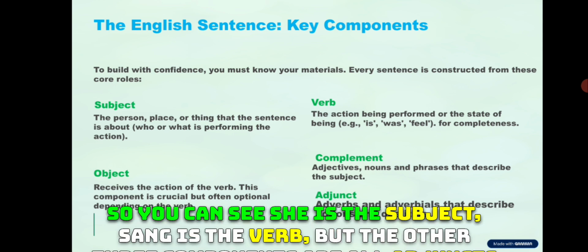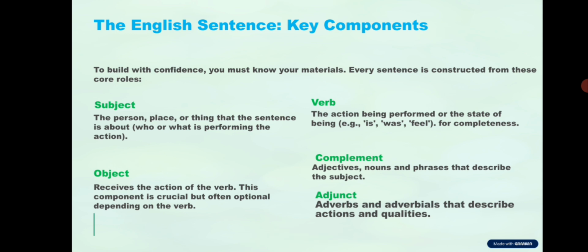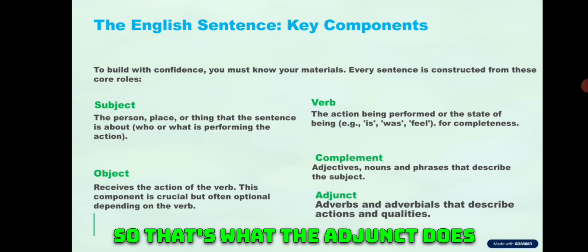So you can see she is the subject, sang is the verb, but the other three components are all adjuncts. She sang how? Melodiously. Where? At the assembly. When? This morning. So that's what the adjunct does.